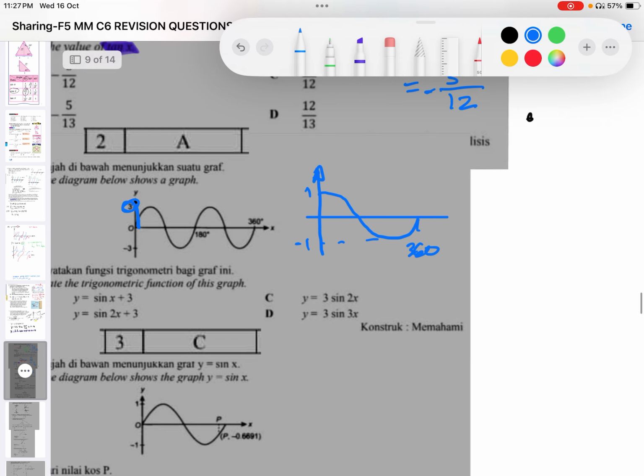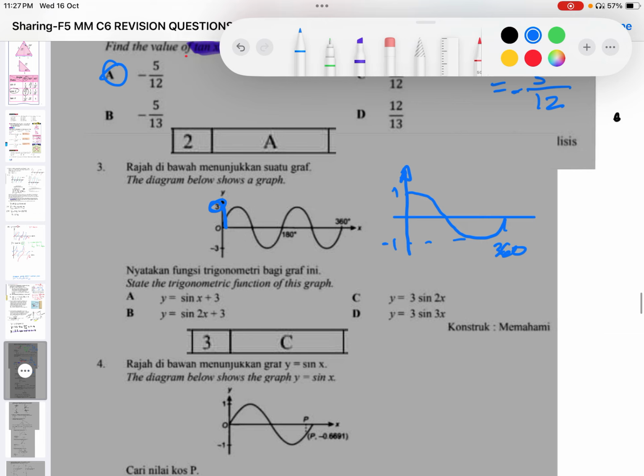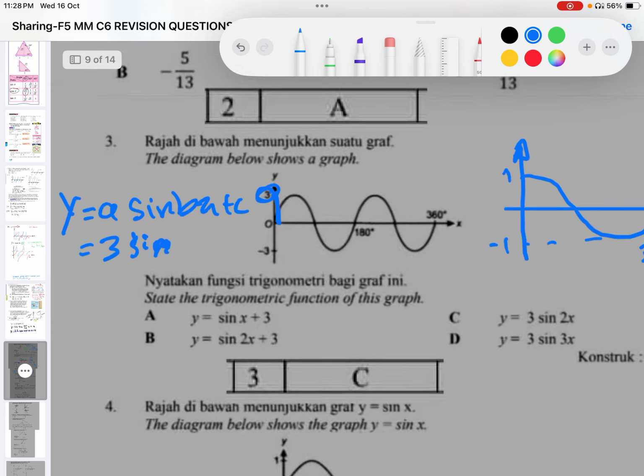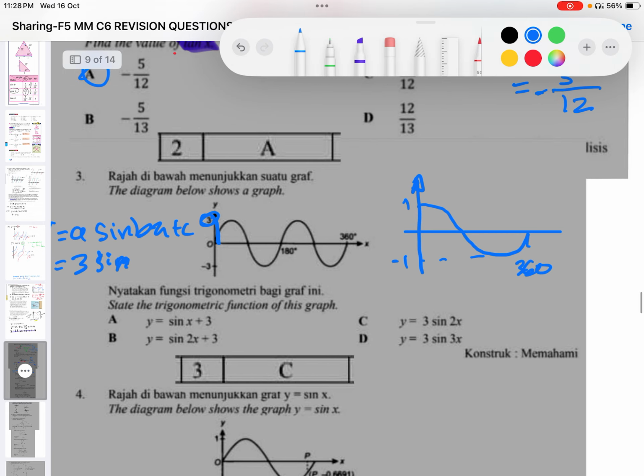So the first thing to do is y equals a sin bx plus c. So the amplitude will change to 3 and sin bx. So how do I calculate b? Using the formula, b equals 360 over 1 cycle period.